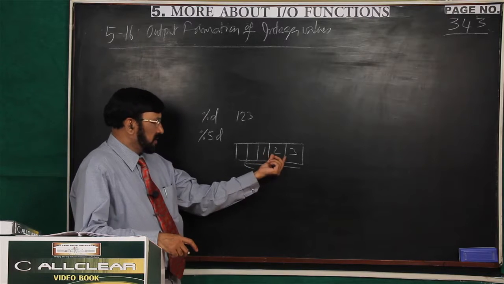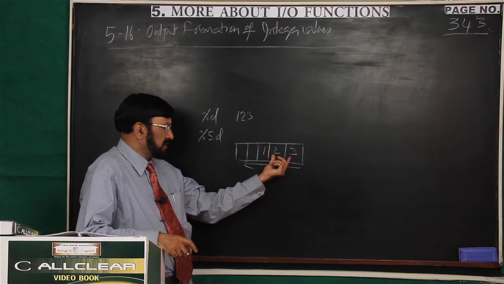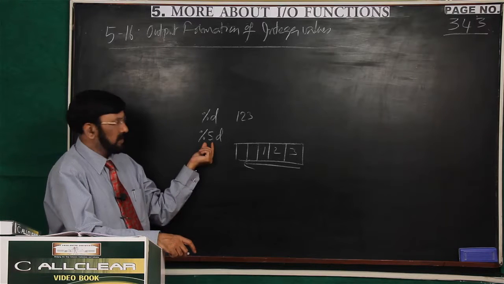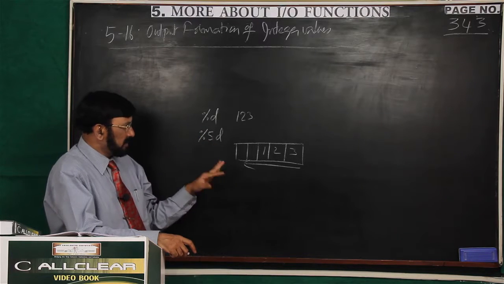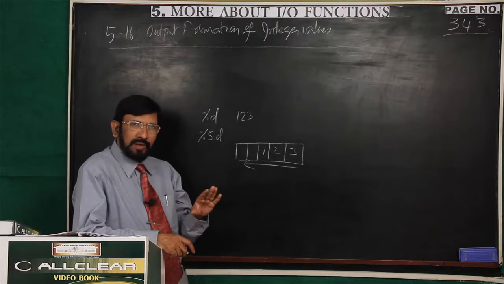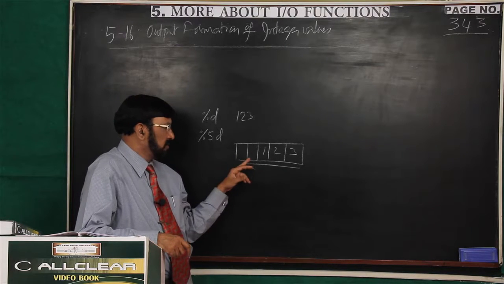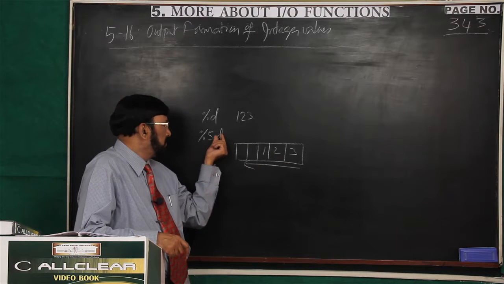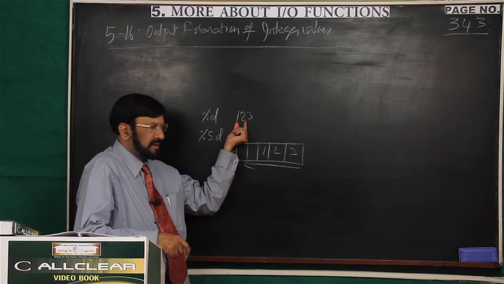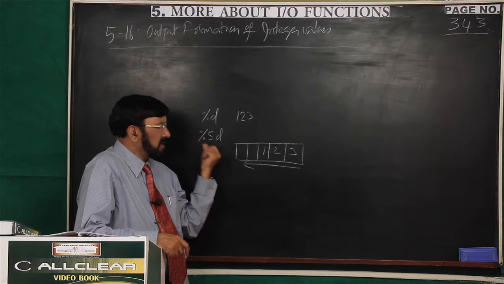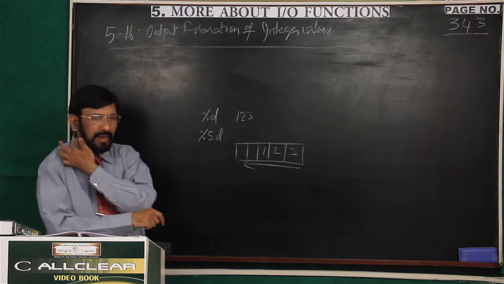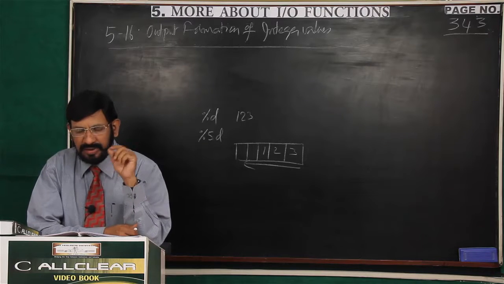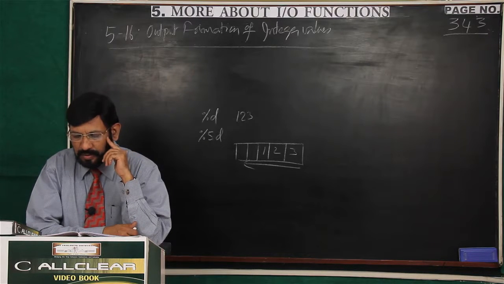Suppose it has three digits, and you allocated 5 as the width. What do you mean? 5 places should be reserved for my integer data item, and it should be printed with the right justification. That is the meaning. I have given several examples covering every case in this, so study it properly.